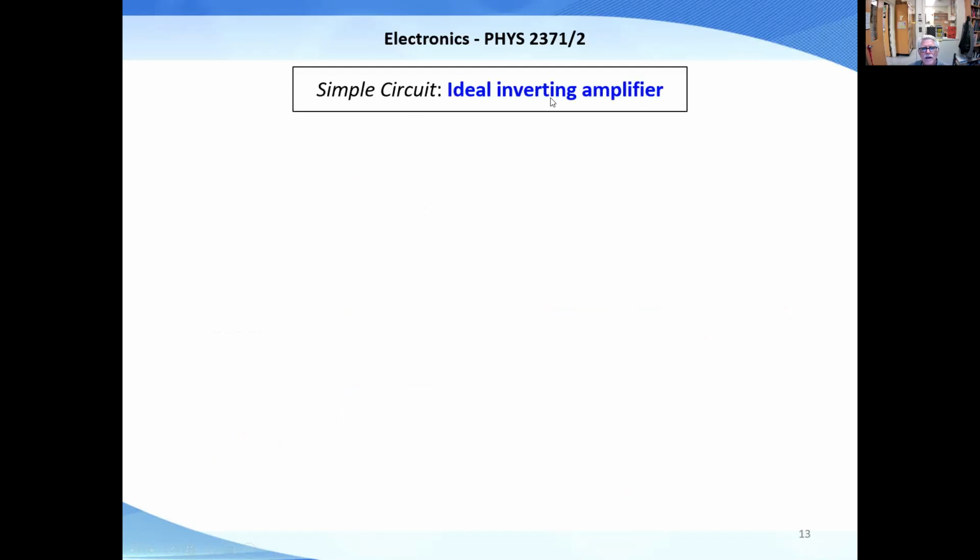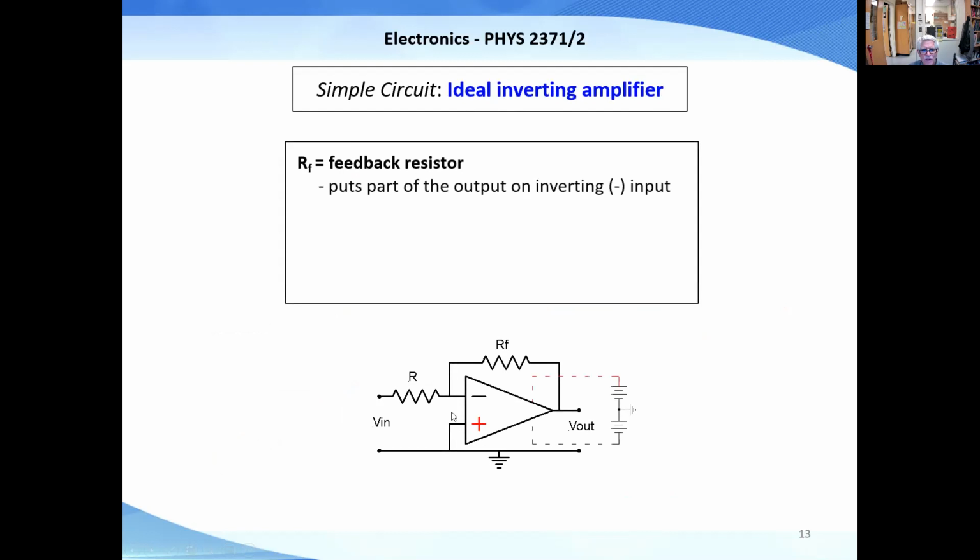Okay, let's move on. The ideal inverting amplifier. Okay, here's the integrated circuit here, this triangle, and we're going to put 2 resistors on it. We're going to ground the positive input, and we're going to put 2 resistors connected to the minus.